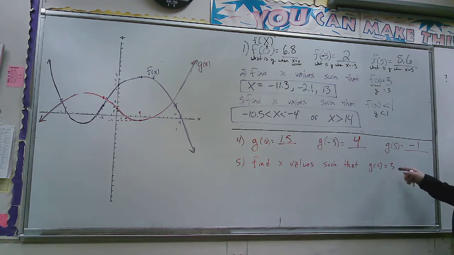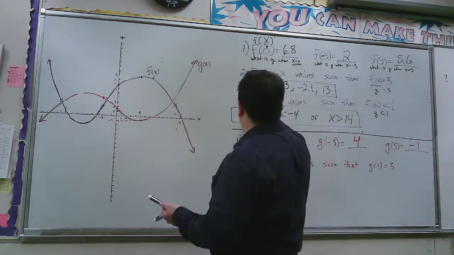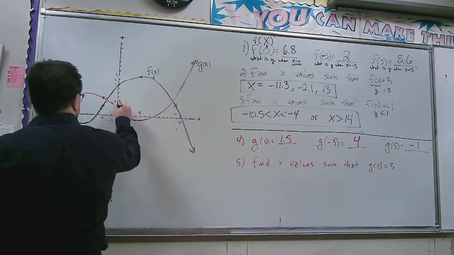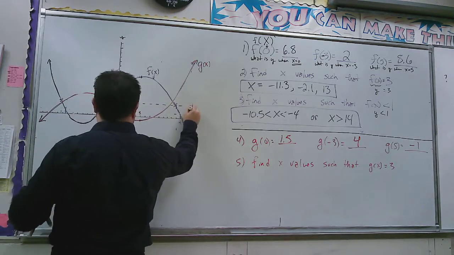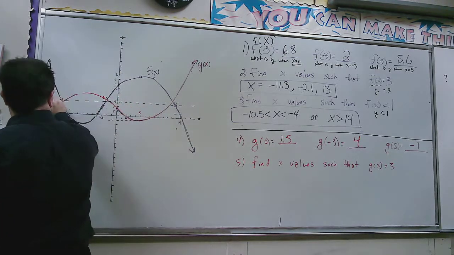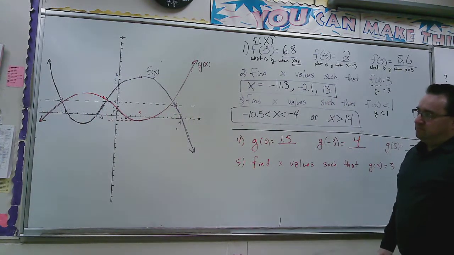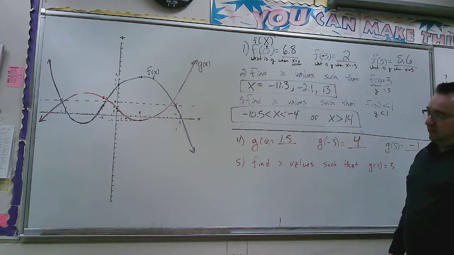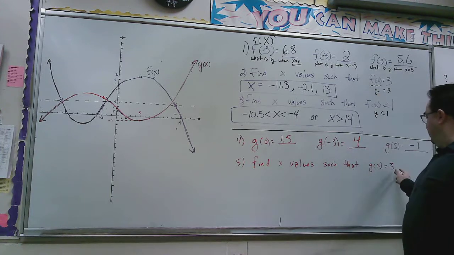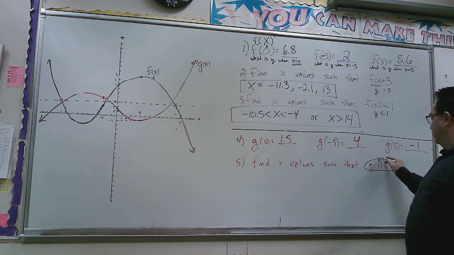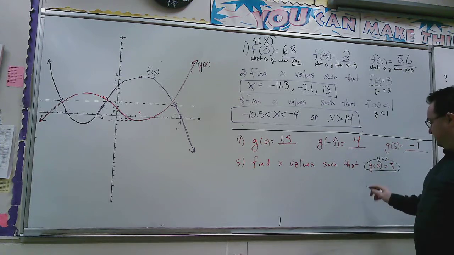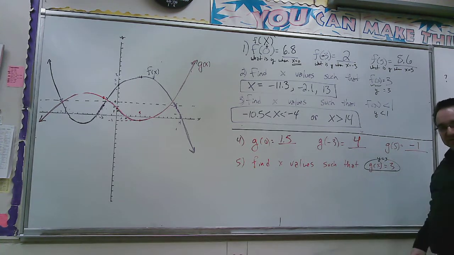All right, well, what did I do with the number 3 up here? I found the value where y equals 3. And these are going to be pretty close, aren't they? So when y is 3 on the red curve, see, all this notation, that's what it's telling you.